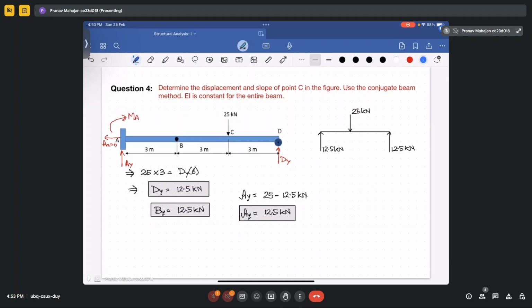Now you also calculate MA. So MA will be equal to minus 12.5 into 3, and it will come out to be minus 37.5 kilonewton meter. Okay. Now you have calculated all the forces.